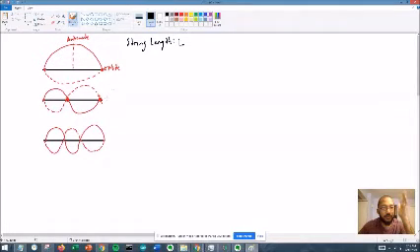You can pause the video and see if you can derive the relationship yourself. What's the wavelength of this wave with respect to L, and what about here, and what about here? If you want to try it yourself, take a few minutes, pause the video, and see if you can get an equation for wavelength in terms of L.